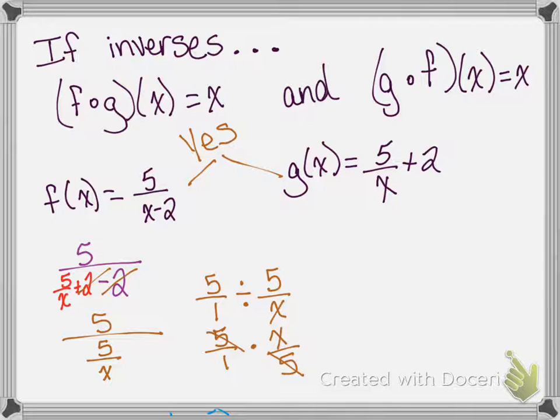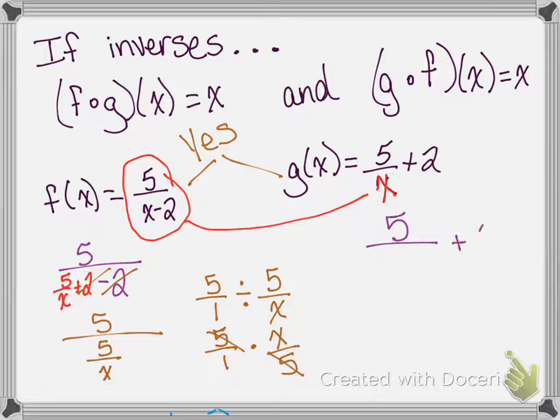So what this means is I am taking this right here and I am plugging it in for this x right here. That's what I'm doing. So I have five over, and this is a complex fraction.